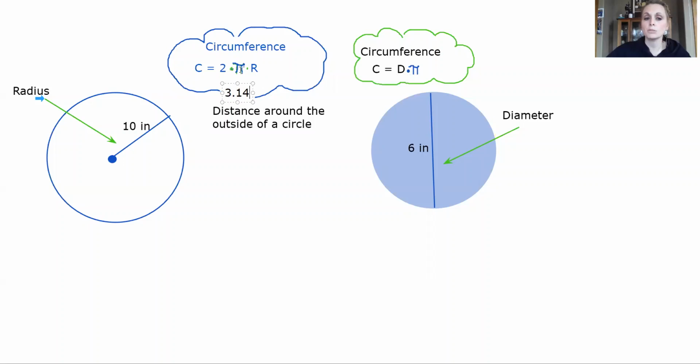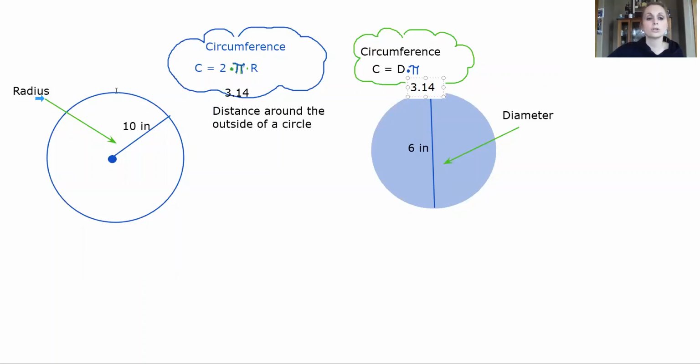So 2 times pi times the radius, 2 times 3.14 times the radius, or the circumference is the diameter times pi. Again, pi is 3.14. So I'm going to put that in here.